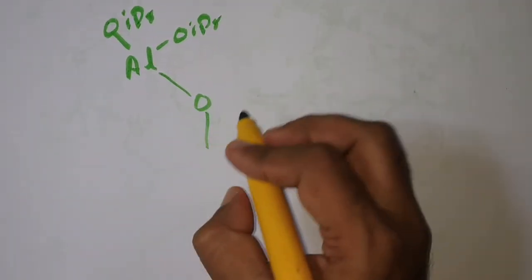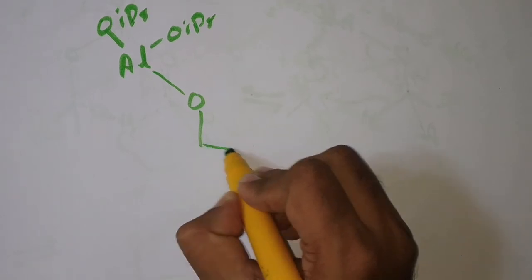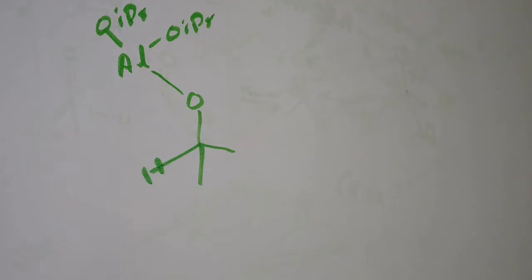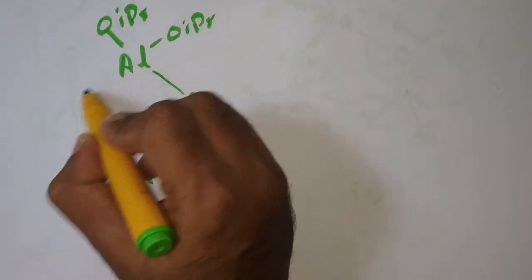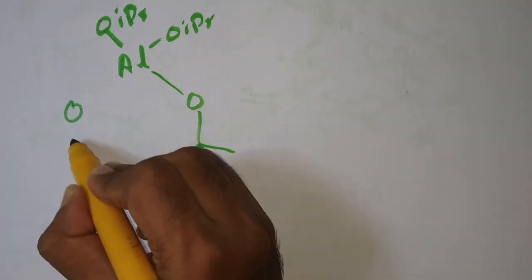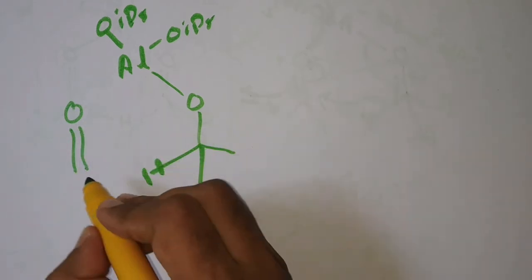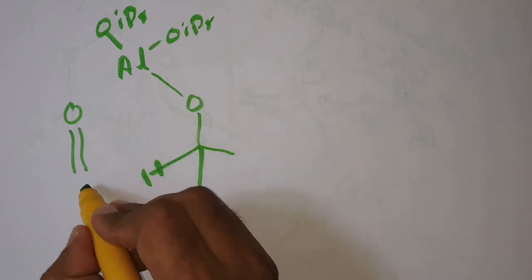The ketone I am writing, so the ketone's pi bond broke, just like we saw in the transition state. So it will be like that, and the new hydride bond, the hydrogen is there. So actually this ketone is getting reduced here. This aluminum oxygen bond broke, and this oxygen is still there, and there is going to be a new bond like you showed earlier, and it's a little curvy, sorry about that.